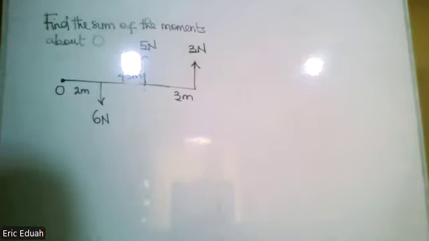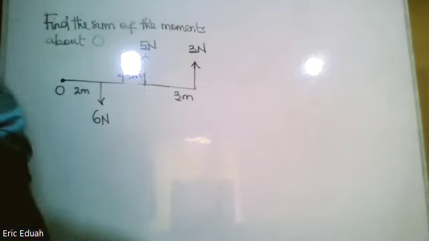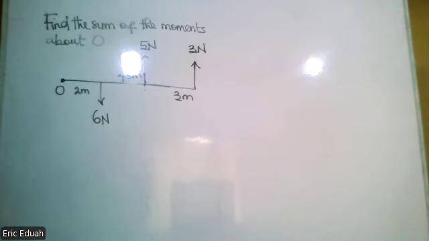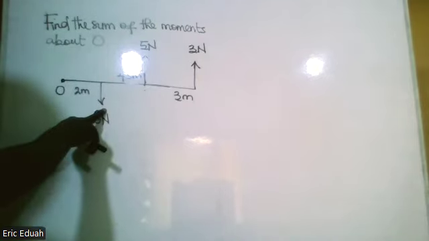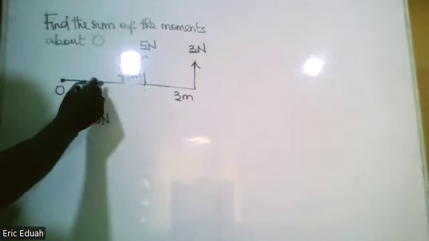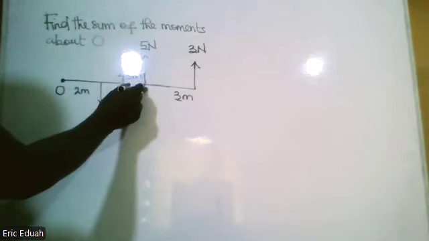You have to find the sum of the moments about O, or the net torque or moment. So let's give it a try. From the pivot to this is 2 meters. Then from this force to this force, 4.5.